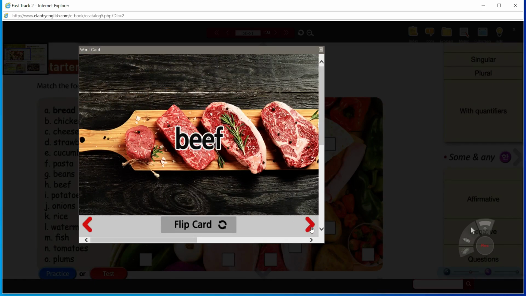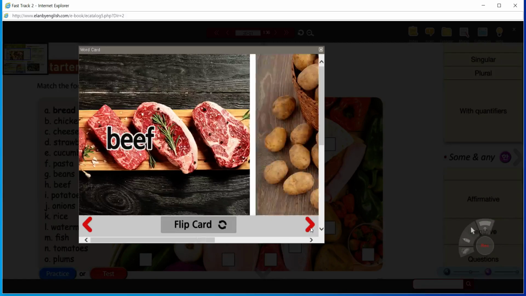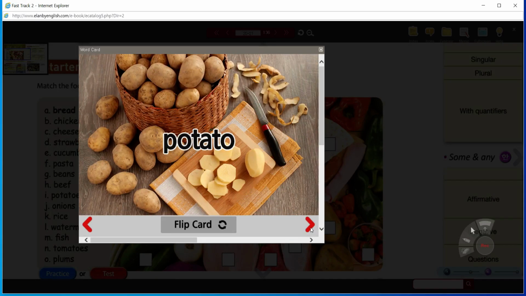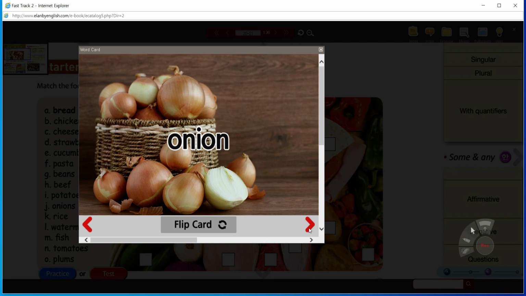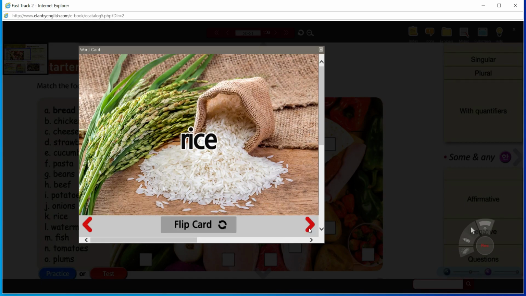Beef. So it's a meat from a cow. And potato, or potatoes. Onions. Rice. You see a lot of rice in this picture, whether in the plant form or coming out of the bag.